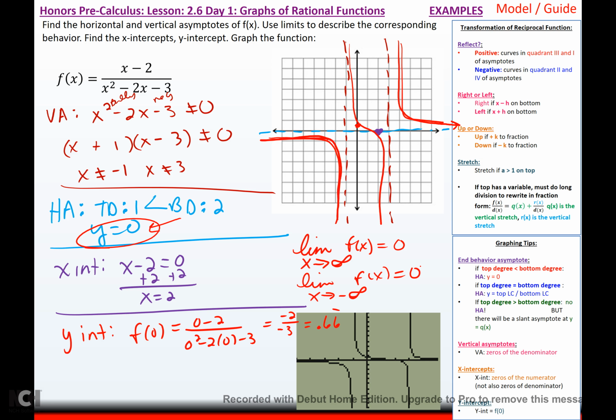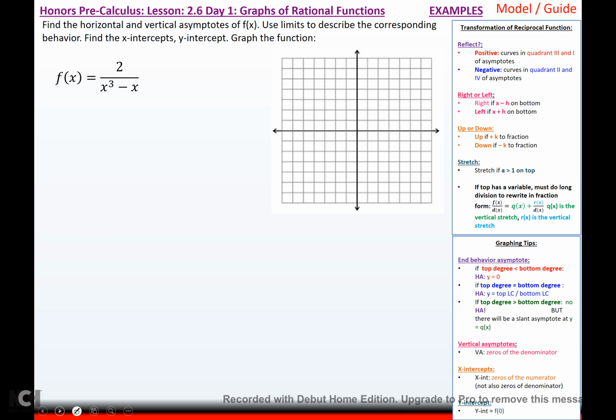Now, we could also describe the behavior in the middle, and we could describe the limit as x approaches -1 from the left and from the right, and we could do +3 from the left, from the right, but if they want that, they'll specifically ask you.